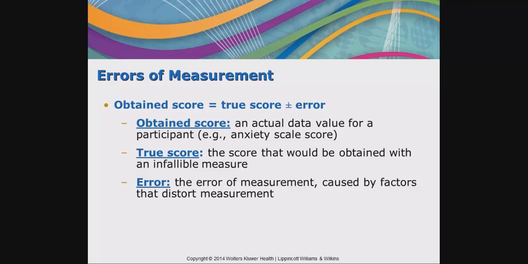So when you look at errors of measurement, just know that it is the obtained score, but it is the true score plus or minus the error. Like we may be measuring anxiety on airplane flights, and we have a 2+ anxiety on our visual analog scale, but the true score is 0 anxiety.